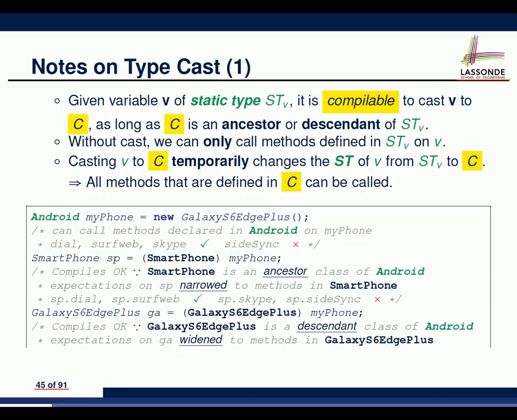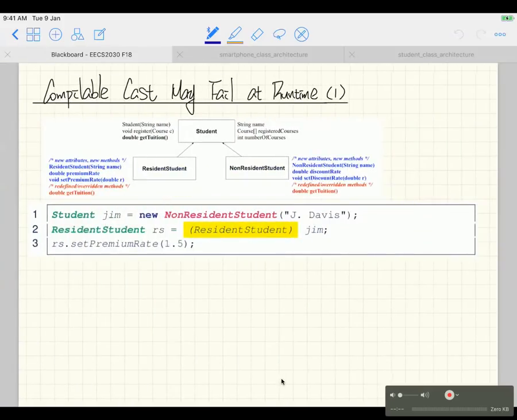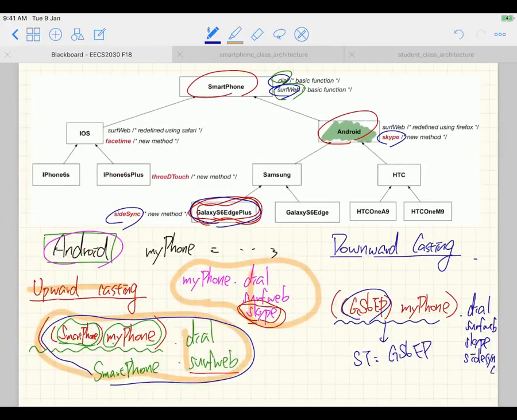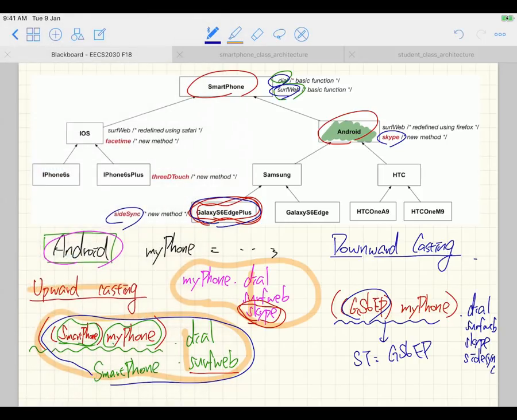So now, when you go over this slide over here, that's exactly what I just tried to demonstrate. Whenever you want to, let me just summarize what we have over here. Over here, you have Android being the static type, right? My phone. The static type is simply Android.